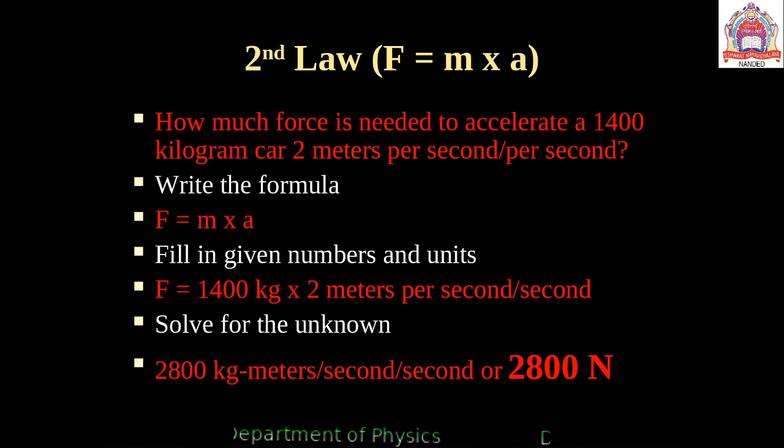F is equal to mass 1400 kilograms, times acceleration 2 meters per second per second. After solving it, we get 2800 kilogram meters per second squared, or we can write 2800 N.